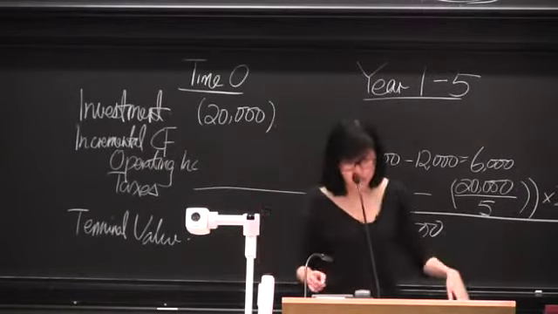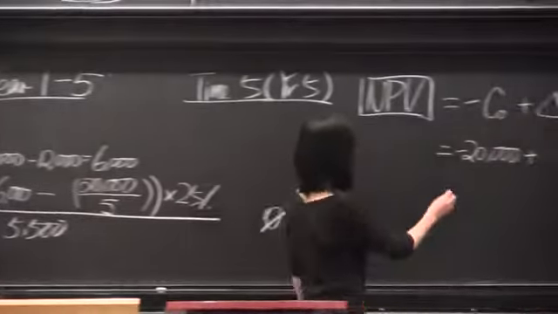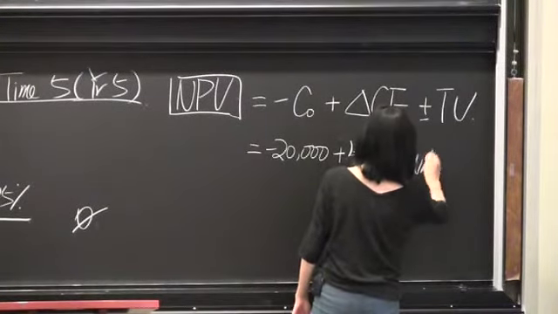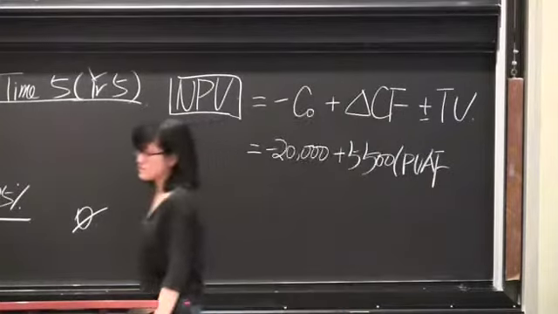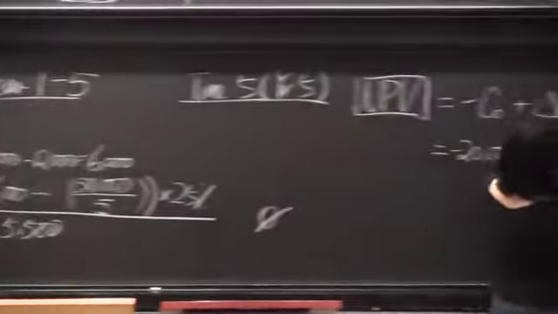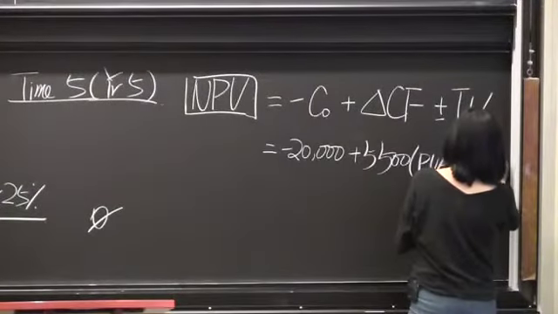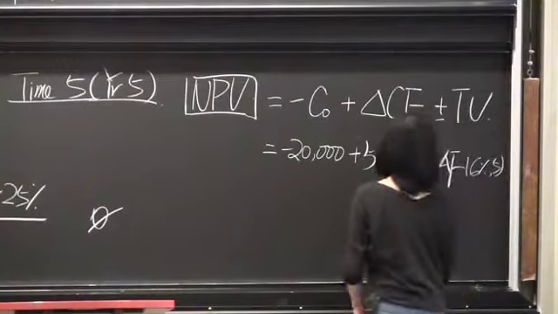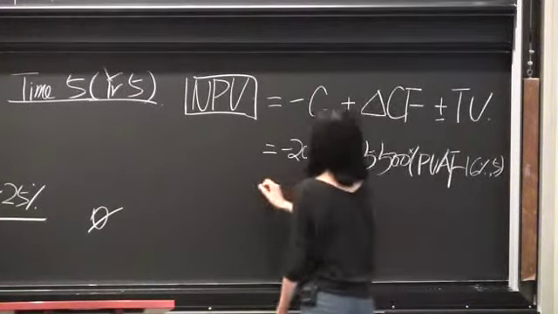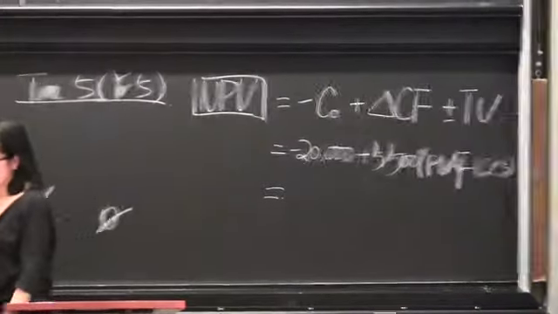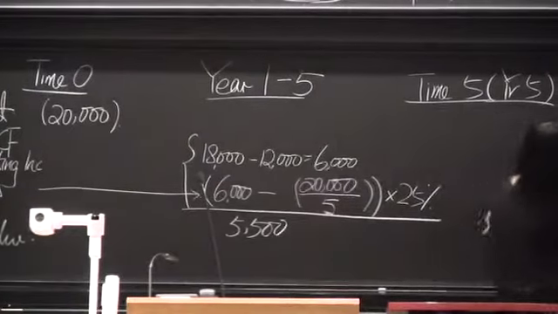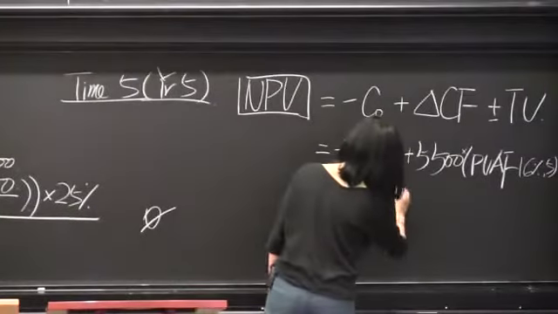You go back to your chart and look for what they call PVAF, present value annuity factor, 16% in 5 years. And then you know this is 0, so you just add them together, which should give you negative 1993.